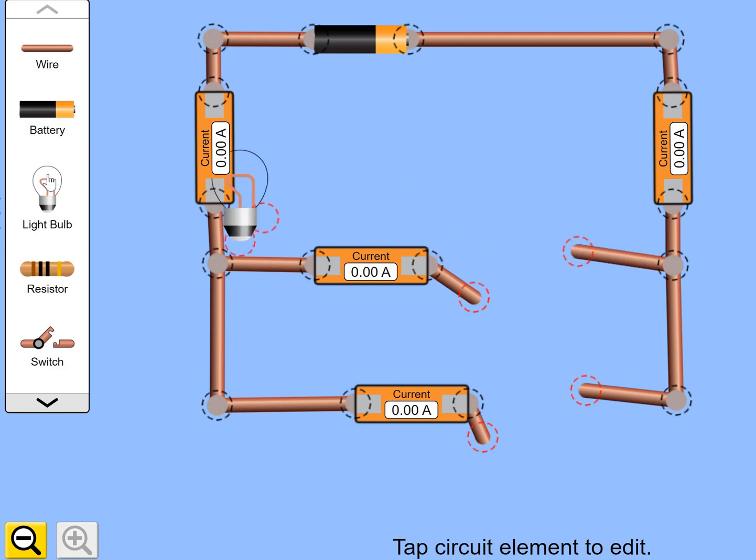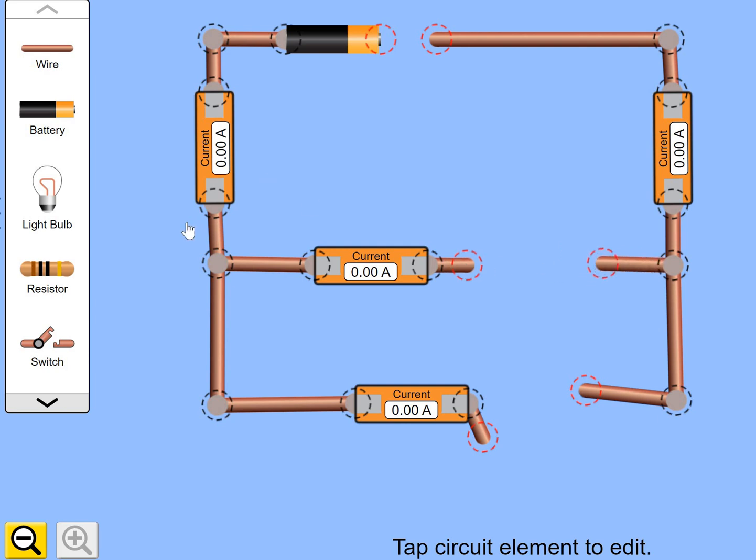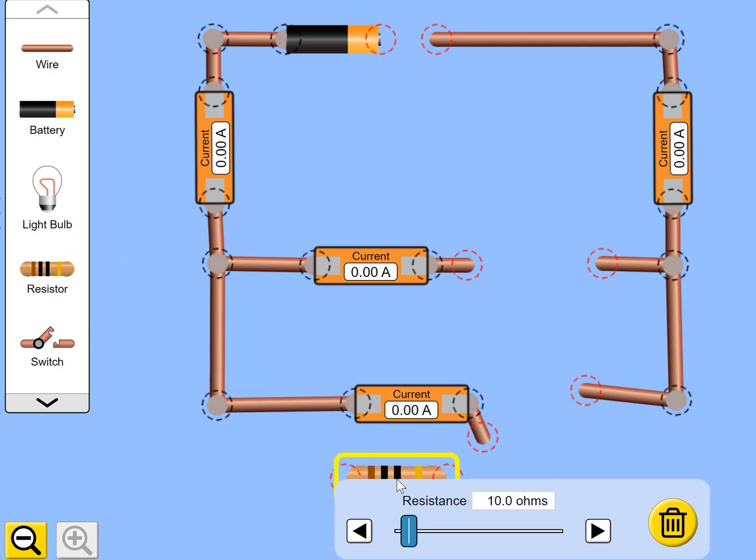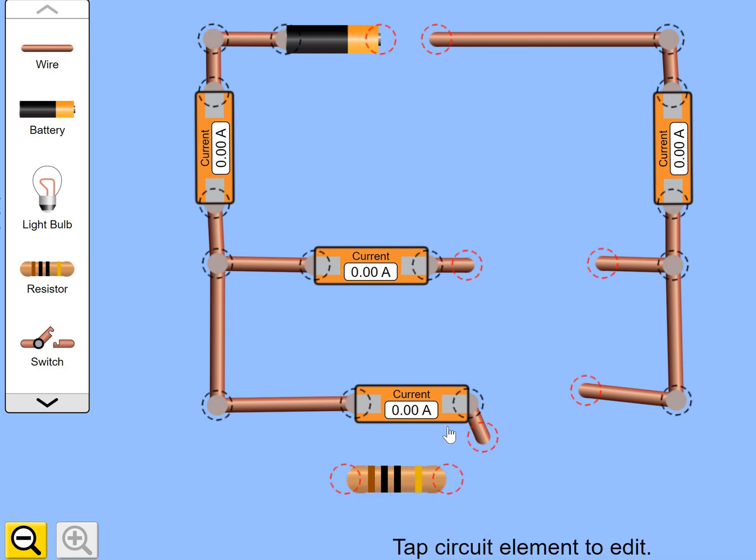And what we're going to do now is break the circuit at the top for a second, and we're going to introduce 2 resistors that have a different resistance. The first one is 10 ohms. So this is a 10 ohm resistor, this one at the top.